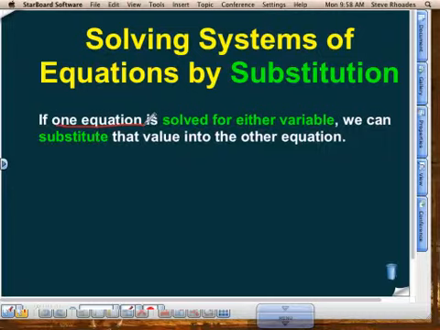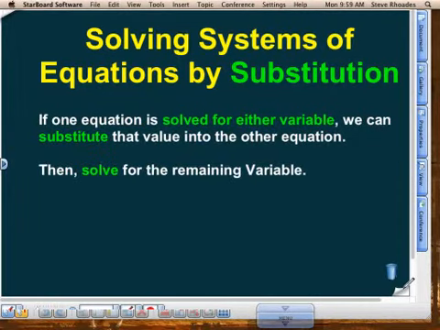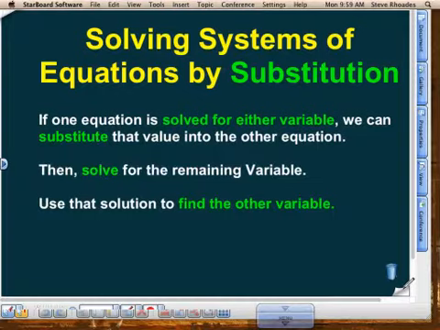Just write this down. It may not make that much sense to you right now. When we do the examples, it'll make more sense. So if one of the equations is solved for a variable, we can substitute that value into the other equation. Using that solution, we find the other variable.